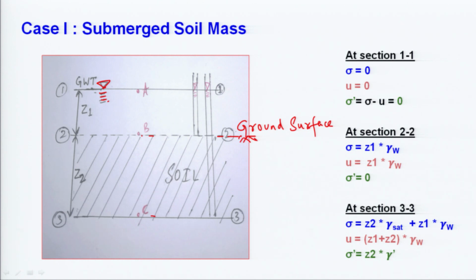So, the very first thing we will be analyzing these different sections. At section 1.1 we take a point A, then at section 2.2 we take a point B, and then at section 3.3 we take a point C. We will see what is the value of total stress, the pore water pressure and the effective stress at these 3 sections.